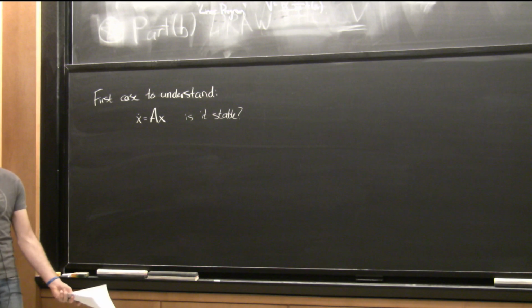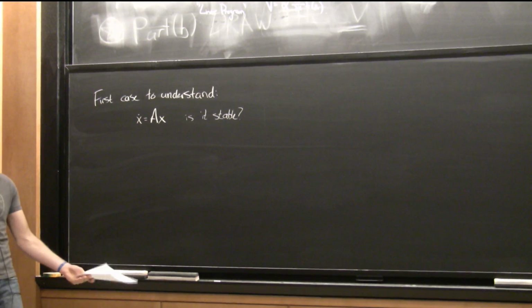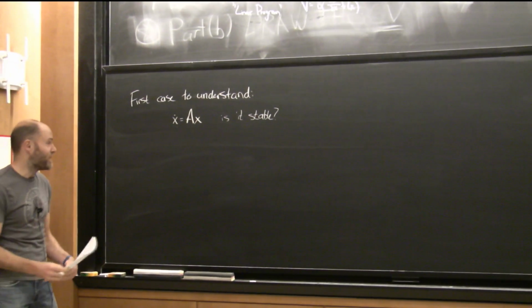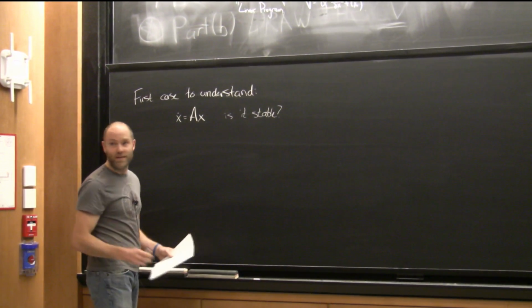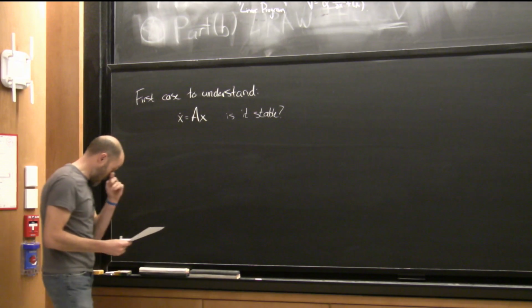If you can construct a Lyapunov function and certify it for all x, then you'll have answered the question, right? You could also check the eigenvalues, but we're going to ignore that. That's not the cool way to do it today, right?